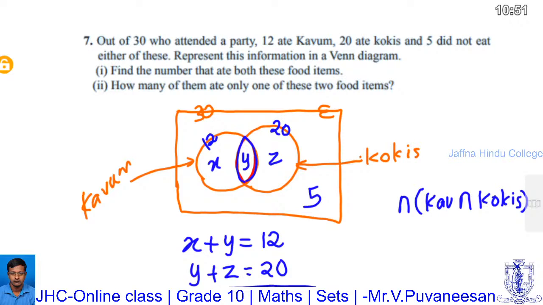Now look at the Venn diagram. Outside the two circles there are 5, but in the universal set there are 30.